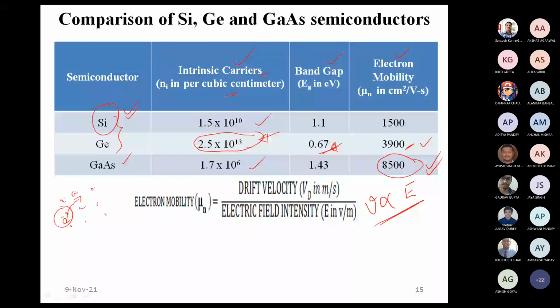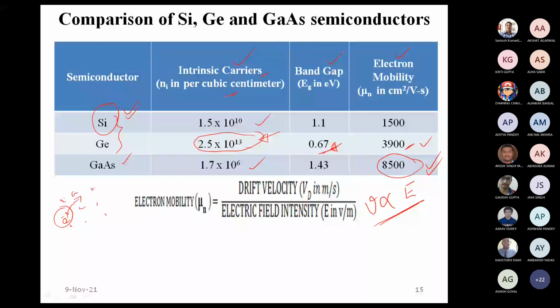During the motion, they may interact with some atoms or other particles in the way and change direction, moving randomly here and there. Statistically speaking, there may be no net movement in any certain direction.